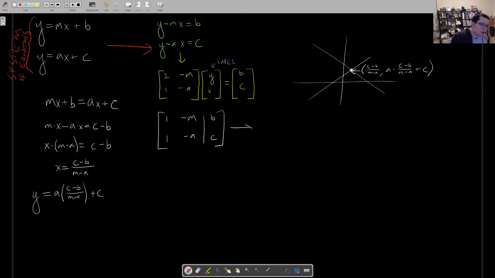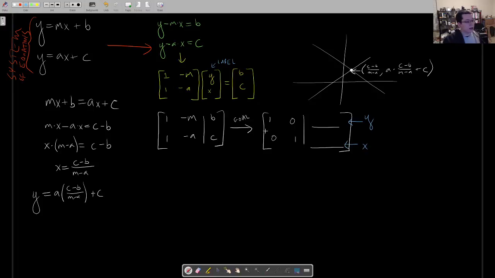And our goal is to get it into the form 1, 0, 0, 1 with something here and something here. And we don't care what it is, except that this is actually going to be our answer. This will be y, and that will be x.